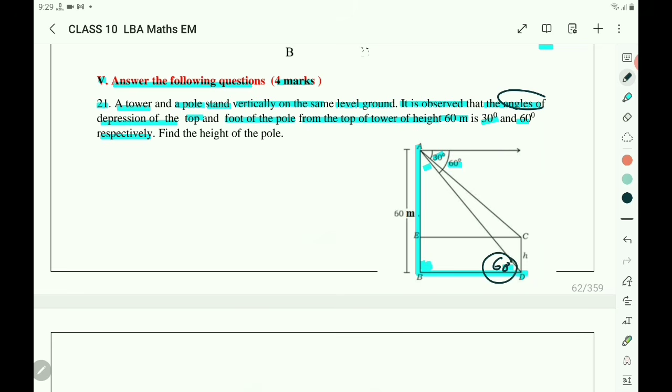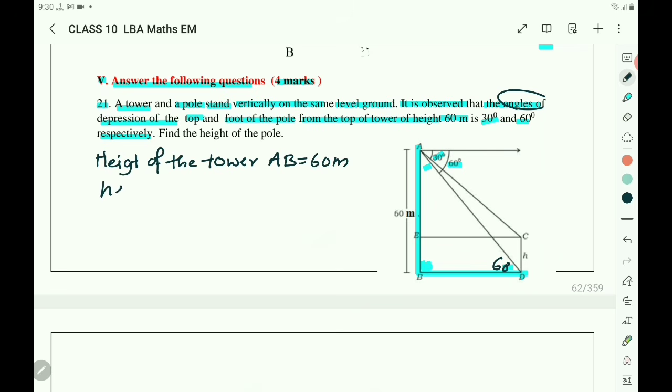For this 60 degree, AB is the opposite side and BD is the adjacent side. Which trigonometric ratio is having opposite side by adjacent side? That is tan. Then you write here, height of the tower AB equals 60 meter.